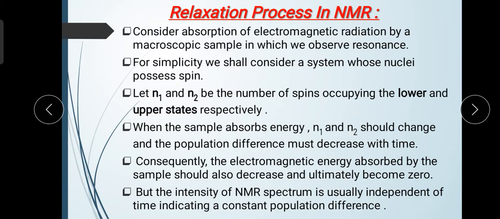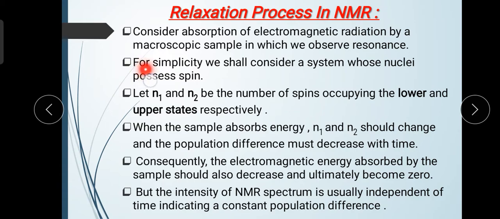That means if we place the macroscopic sample in the presence of an external magnetic field and there is absorption of electromagnetic radiation in NMR, obviously radio waves, then due to the interaction between the nuclei of that sample and the external magnetic field in the presence of radio wave radiation, we get the resonance.